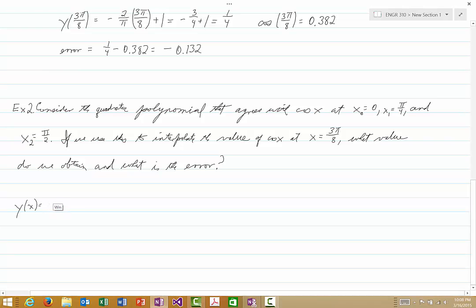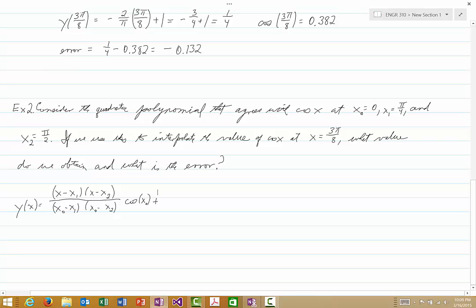And so the way that the formula will go in the quadratic case is this. We'll have x minus x1 times x minus x2 over x0 minus x1, x0 minus x2 times cosine of x0, plus. And notice before I even go any further, you can see how I've come up with this term, because this is the term that will make y of x0 equal to cosine of x0, because notice when I stick in x equals x0, we'll have x0 minus x1, which will cancel out with this x0 minus x1, x0 minus x2, which will cancel with this x0 minus x2.